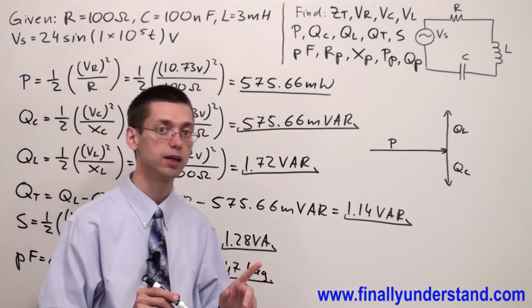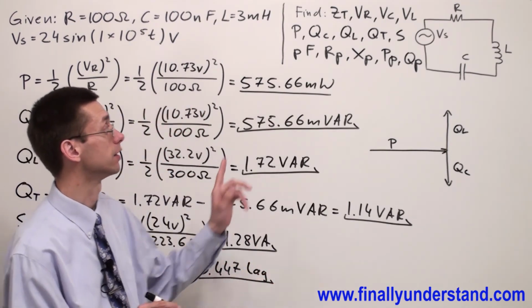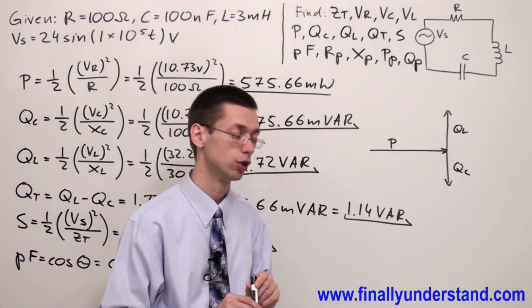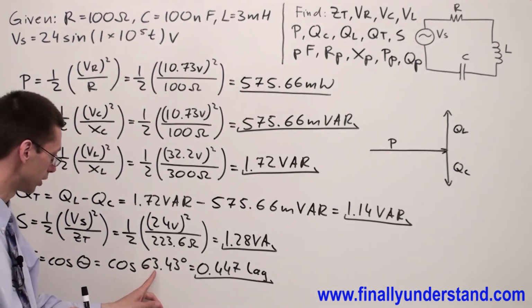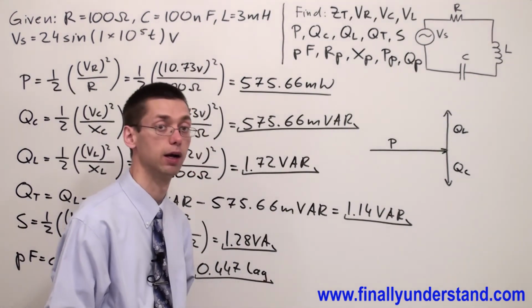This is telling me that the total current in the circuit is going to lag the voltage source, in this case by an angle of 63.43 degrees. I'm supposed to use the word lag.